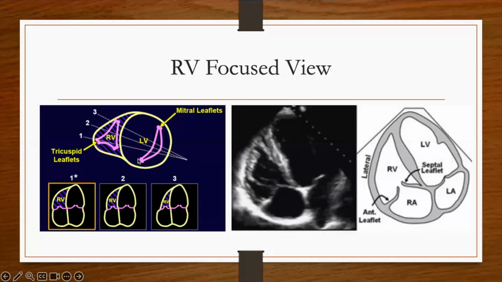If you're cutting through closer to the mid RV or to the RV apex, you can make the RV inflow look smaller than it is, and you can make the longitudinal RV measurement smaller than it actually is.